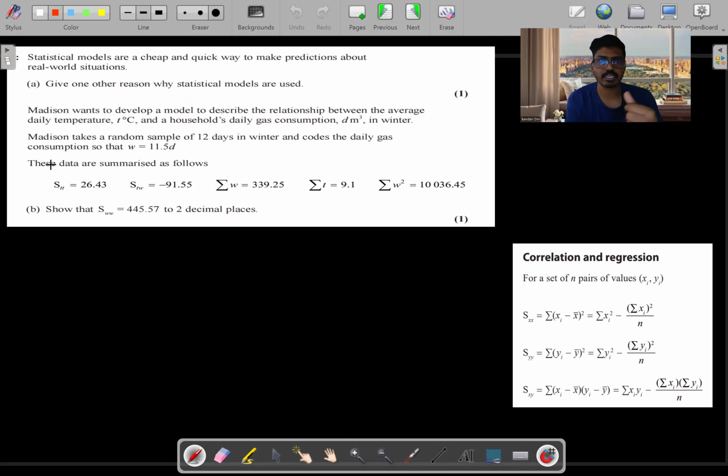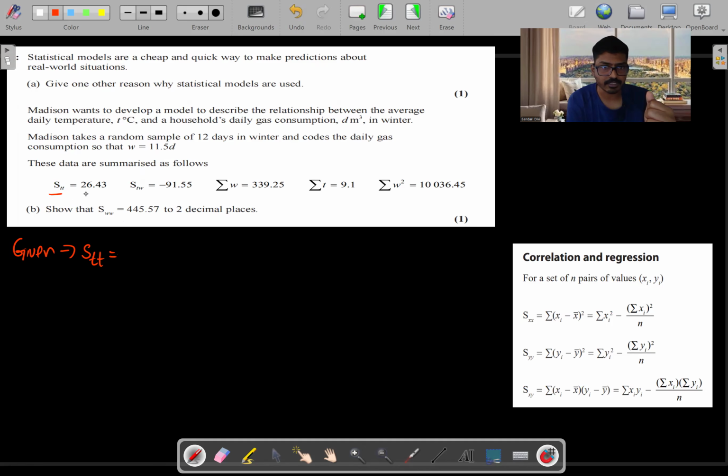I have just taken part B. We will solve part B. First we will write down what is given. So STT is given. Even if you don't know what STT is, you can understand it while solving the question.